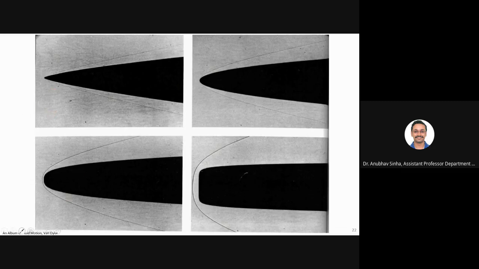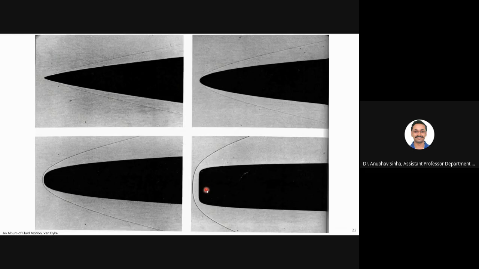I need to check in this book, which mostly gives images but also some details about the conditions. If I remember correctly, they are all at the same Mach number. That is the most interesting part: for the same Mach number, you get attached as well as detached wave. So it does not depend on Mach number.